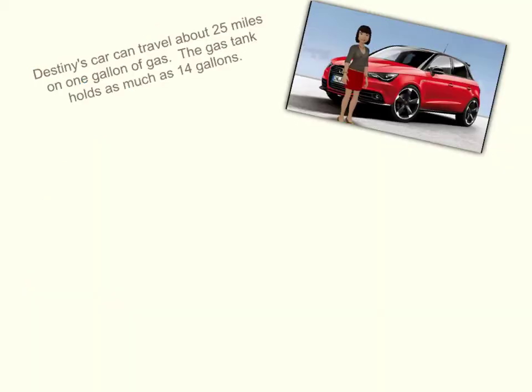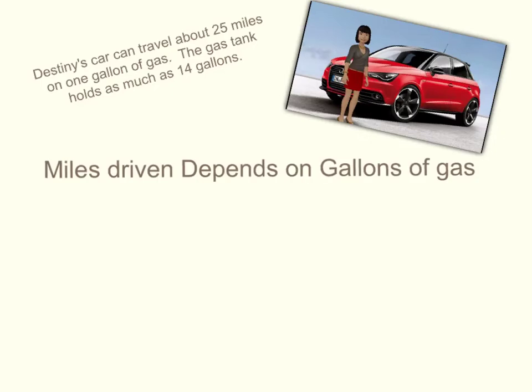In our second example, it says that Destiny's car can travel about 25 miles on 1 gallon of gas. The gas tank holds as much as 14 gallons. So, which variable depends on the other variable? The amount of miles that Destiny can drive depends on how many gallons of gas she puts in her car.